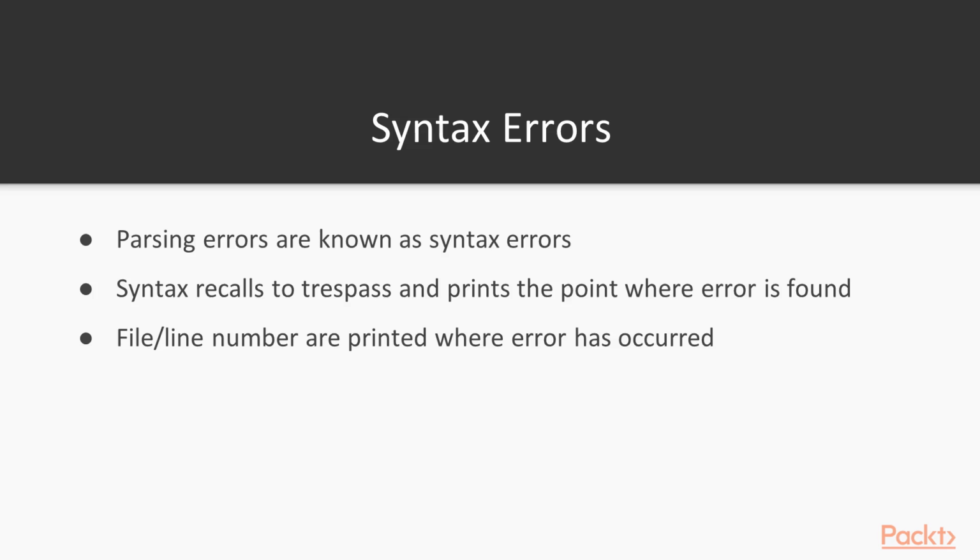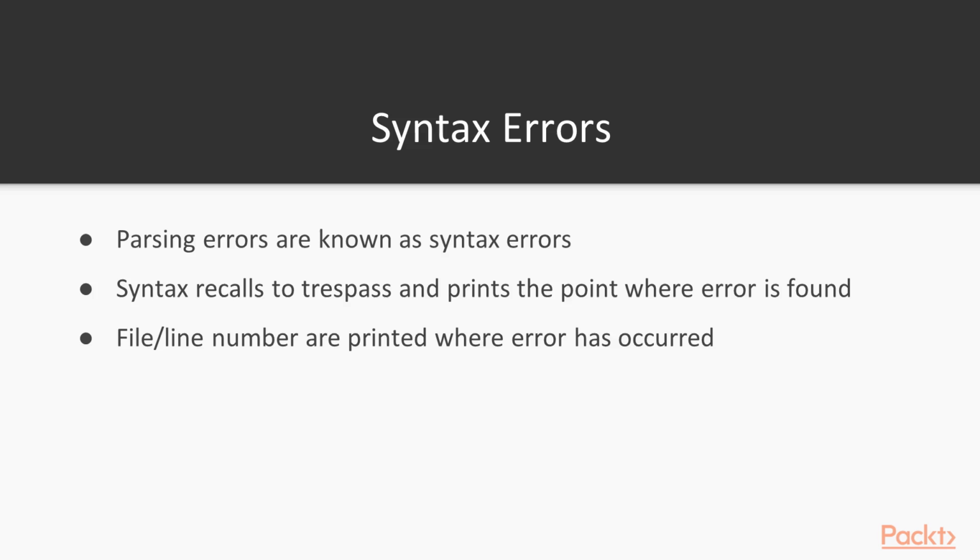Whenever you write a program, there are bound to be bugs in the initial code. It is natural to make mistakes, isn't it? We can't expect to write a flawless piece of code in the first attempt itself. And when a line of code is written incorrectly, that is, when the structure or syntax of that piece of code is incorrect, the Python parser points out such an error, which is called a syntax error.